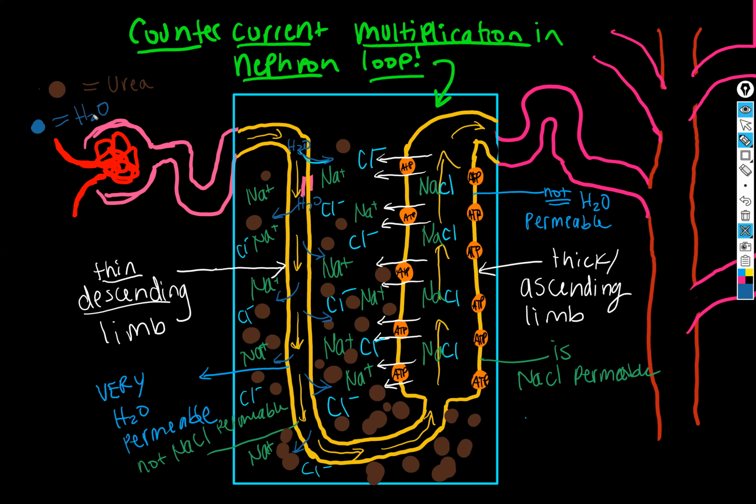So here's the deal. I'm not going to draw this over the top of everything because it would just make this drawing even busier than it already is. But I will mention it verbally and then we can add it in at the last. The structure called the vasa recta is some specialized peritubular capillaries that are specifically around the nephron loop, and they're arranged in a ladder shape.